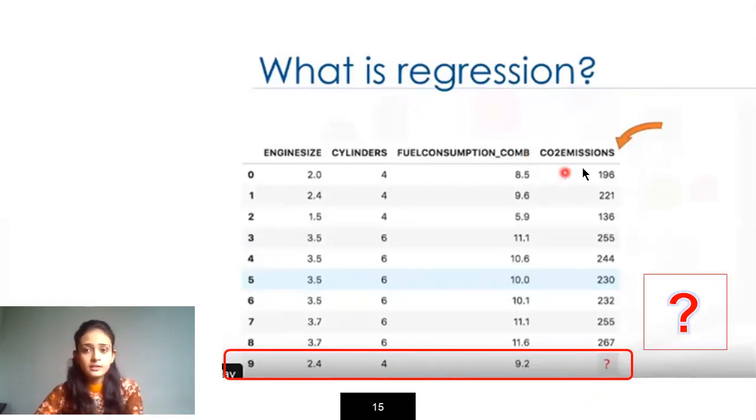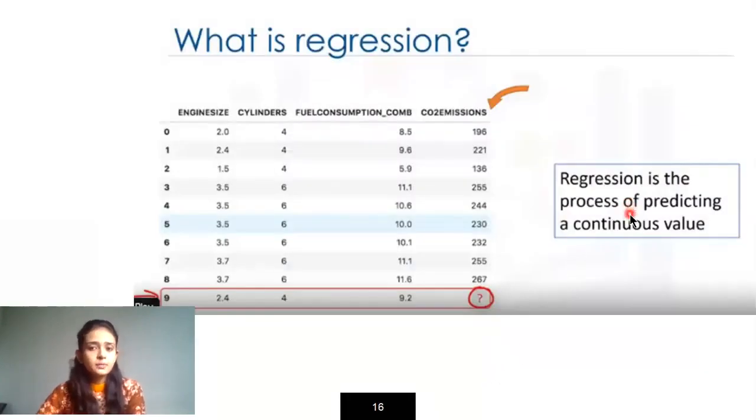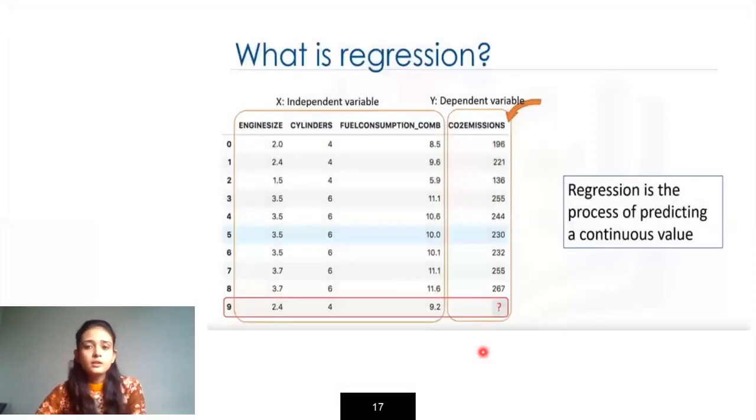So I will call this CO2 emission Y, because this will be my dependent variable. It will depend either on the engine size, or the cylinders, or the fuel consumption comb. Based on that, I will predict my value of Y. From these three, one will be your independent variable X. Regression is the process of predicting a continuous value, so it is very necessary that your values are quantitative data, not categorical.